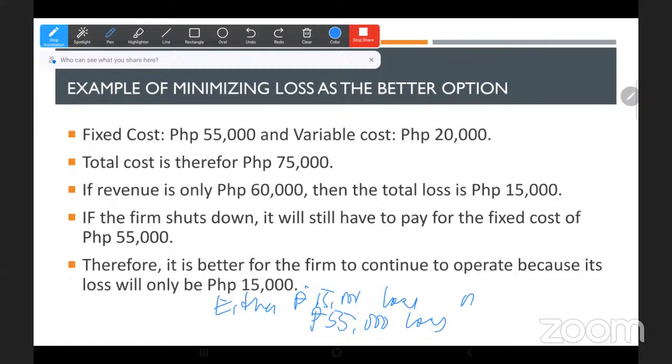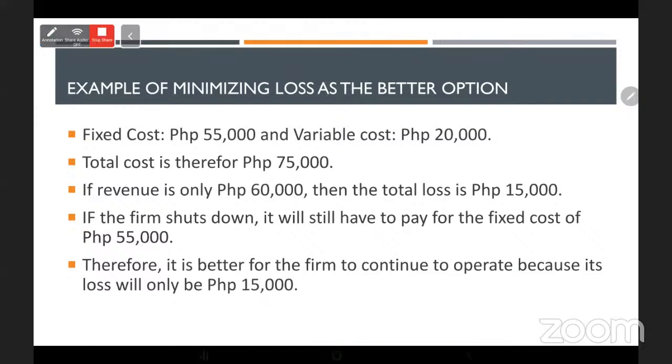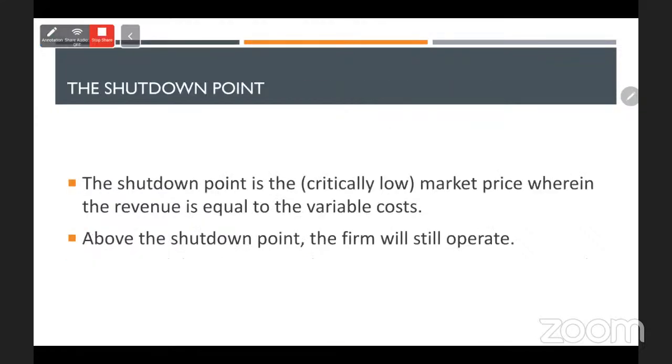And so the firm's superior strategy is to produce a small amount in order to minimize its loss, to pay for some of its fixed costs. So this brings us to the question: if that's the case, when is it better for the firm to shut down, meaning to have zero production?